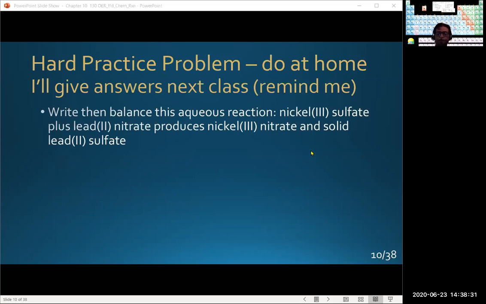Now, this is something you may want to try at home. I'll let you try it, and we can bring it back and work on it. Here they're telling you nickel 3 sulfate plus lead 2 nitrate produces nickel 3 nitrate and solid lead 2 sulfate.